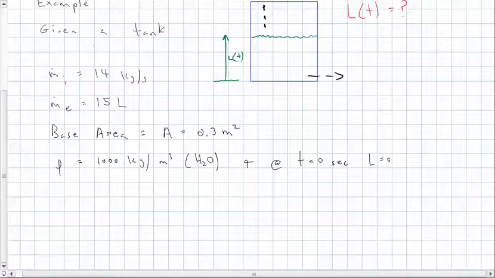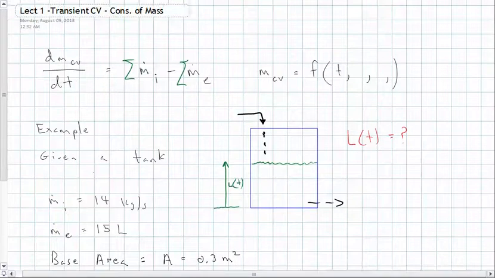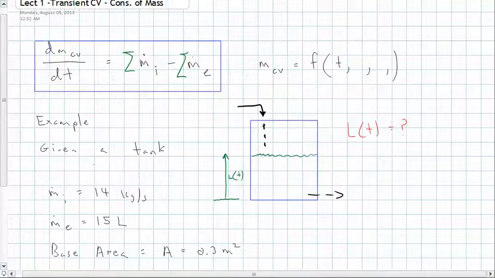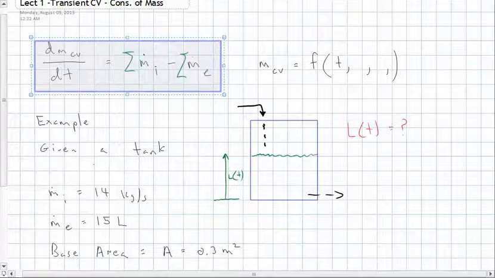Well, what we're going to do is look at our governing equations up here, and work with them. We're going to define each of these terms in terms of what is given.